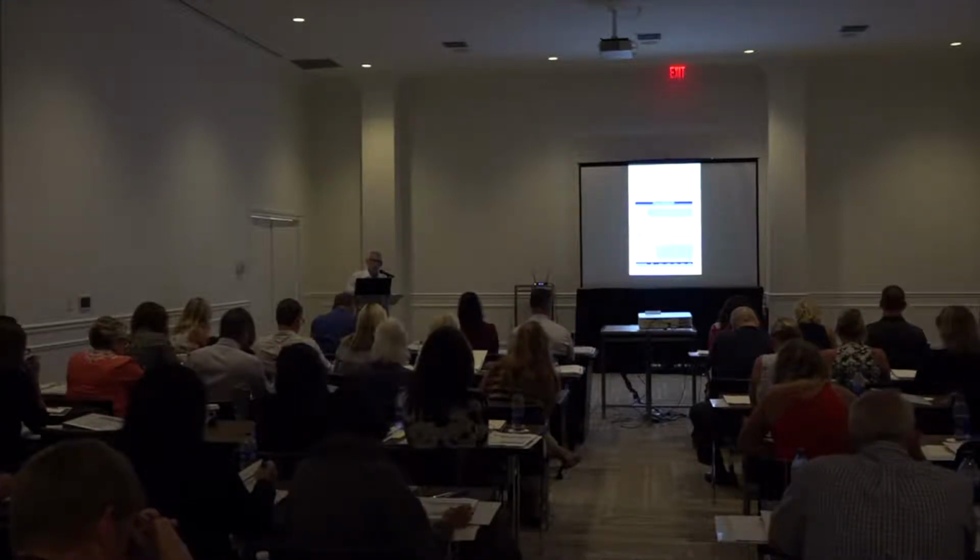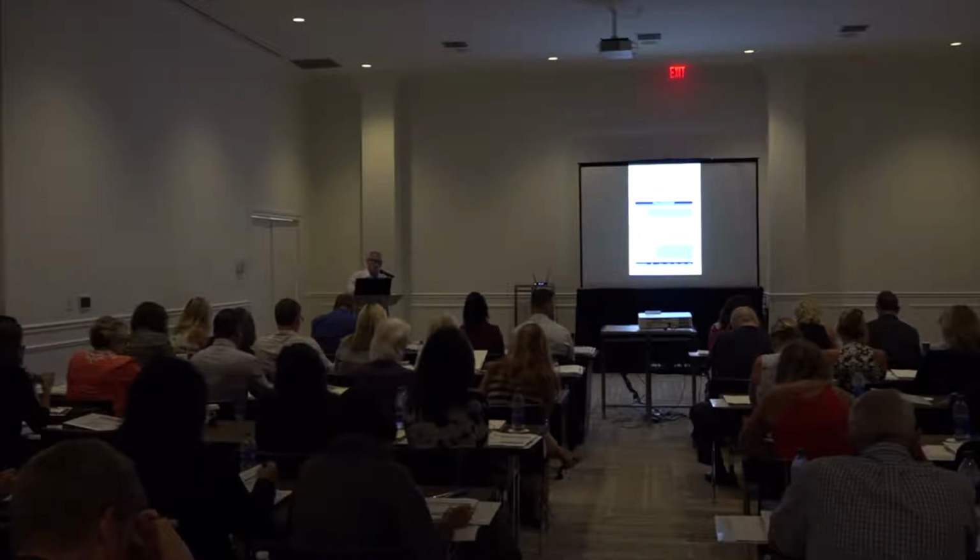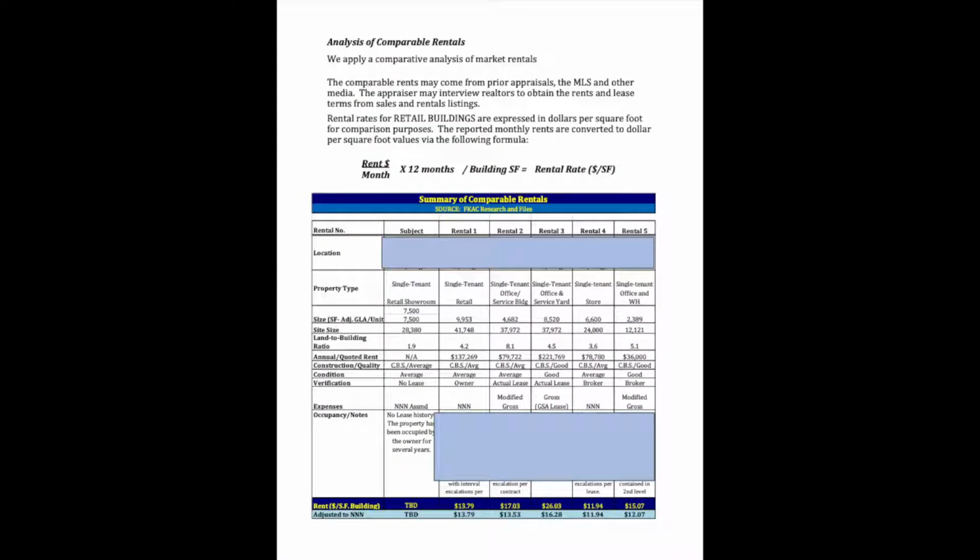One is the unadjusted rental rates, and you'll notice that 2 of the comps are triple net rents, and 3 of the comps are modified gross and gross rents. So if we're going to trade apples for apples, we have to adjust everything to triple net, since we're estimating a triple net rent for the subject property. That would be the bottom line, which is the light blue shading.